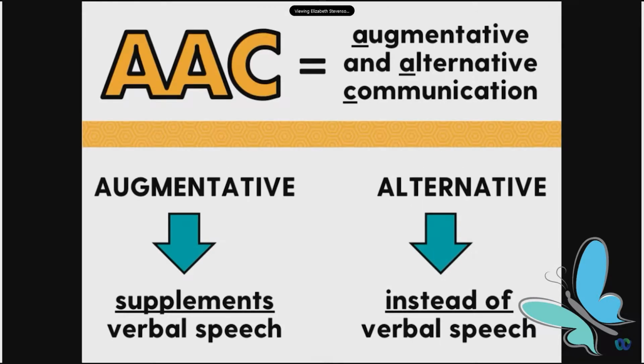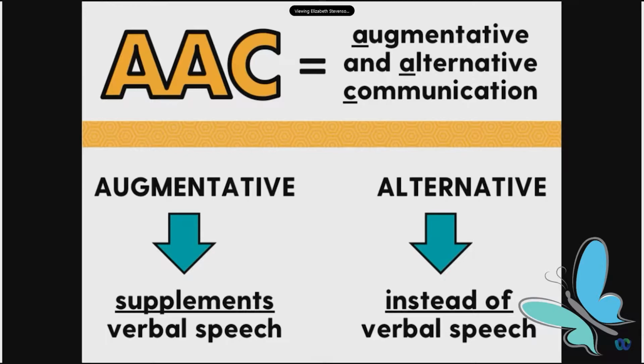First things first, just to lay the groundwork, AAC stands for Augmentative and Alternative Communication. When we talk about augmentative, what we mean is it's something that augments or supplements our verbal speech. That could be something like a gesture or sign language or facial expressions, right? Those are things that augment what we are verbally saying.